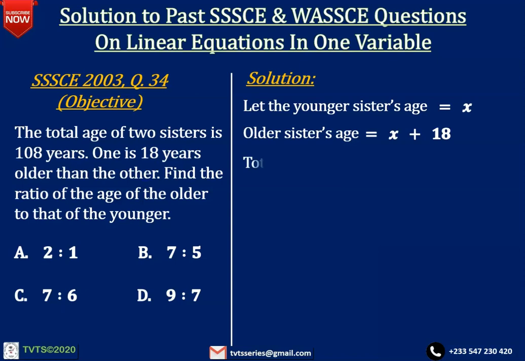Their total age is x plus x plus 18, which is 2x plus 18. But we are also told that their total age is 108 years. Therefore, we equate 2x plus 18 to 108.